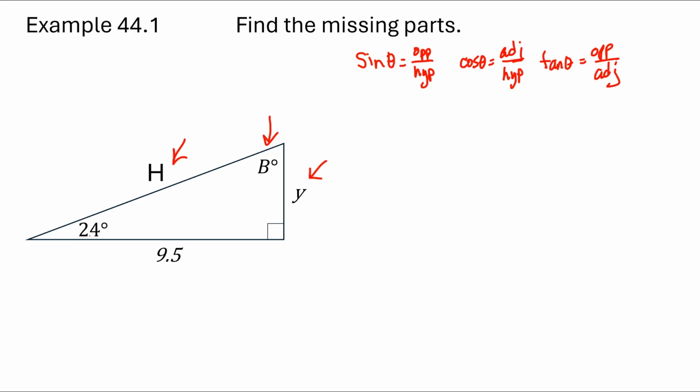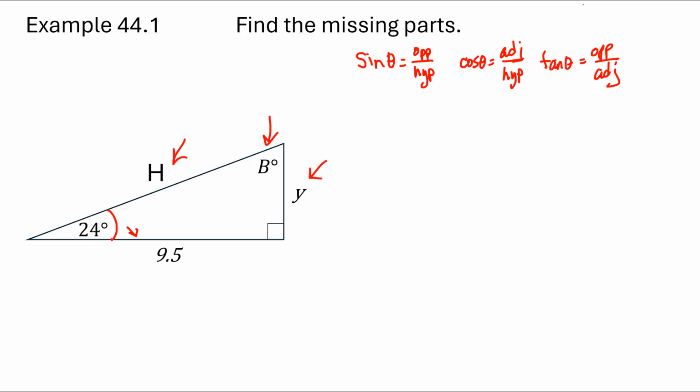We have one angle, 24 degrees. So any trig functions we use are going to be in relationship to the 24-degree angle to start with, because we know what it is. What sides do we have? Well, if we're talking about the 24-degree angle, we have the adjacent side. That's the side that touches it.